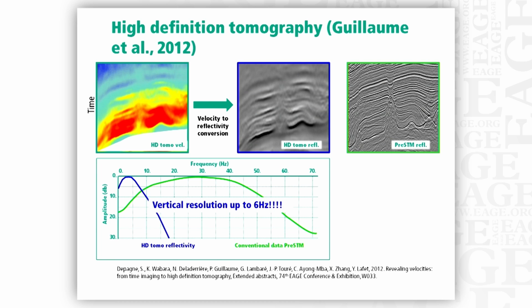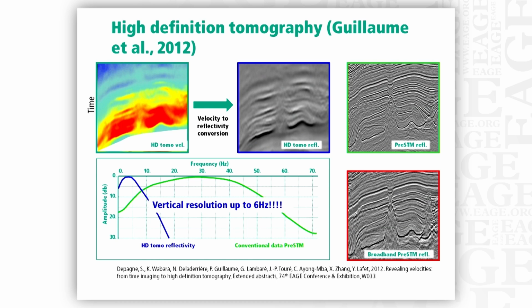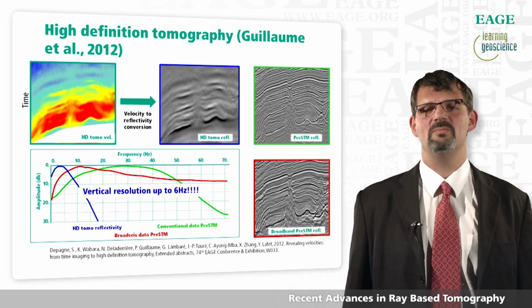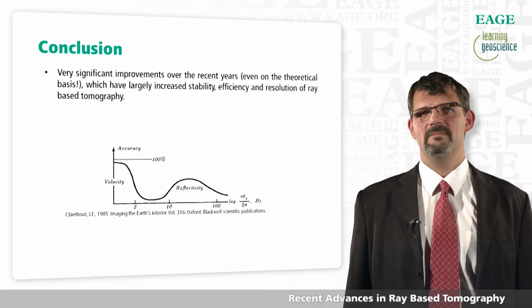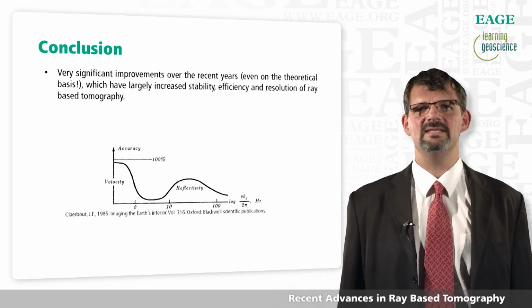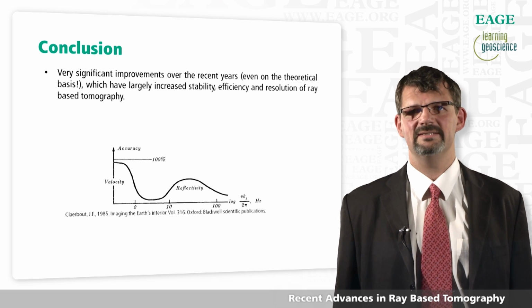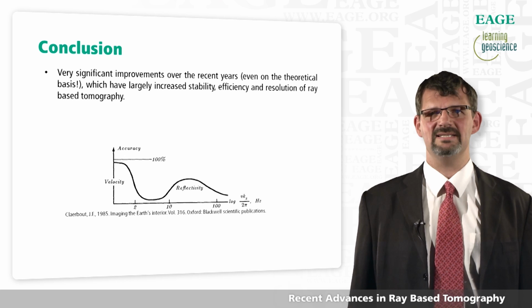Finally, with this vertical resolution up to 6 Hz, we also have the opportunity, through the new type of broadband acquisition, to be in a situation where there is an overlapping of the resolution obtained from the reflectivity and the one obtained from the tomographic approaches. So, by the end, we see that there have been very significant improvements over recent years, even on the theoretical basis.